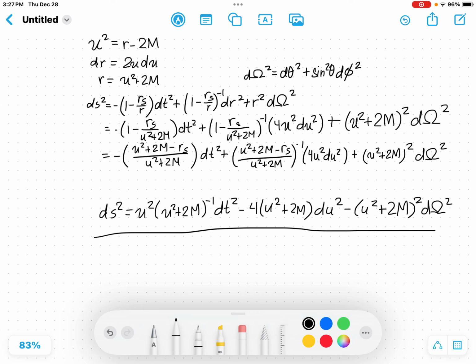Another thing we consider is that this is actually not a vacuum solution, and there's yet another formulation that involves the speed of light, c, not equal to 1, surprisingly.